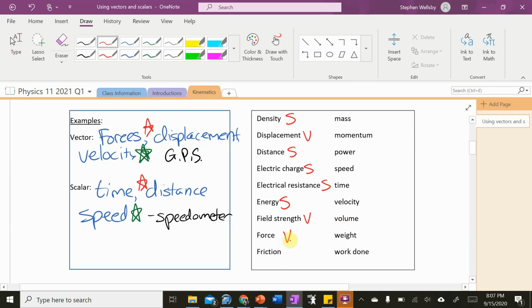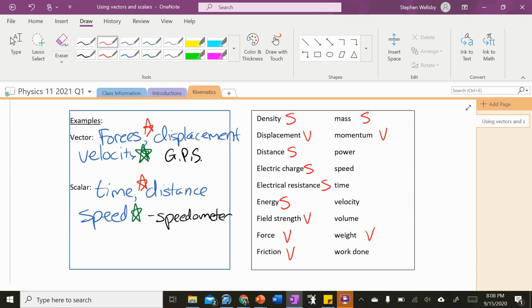Likewise, force. We have a force of gravity pointing downwards. Friction is a type of force, as is weight, and any force will be a vector quantity. Mass is a scalar, momentum is a vector. This is our tendency to keep moving in a given direction, what makes it difficult to slow down a moving car, for example.